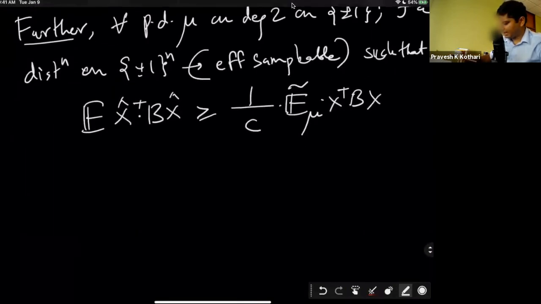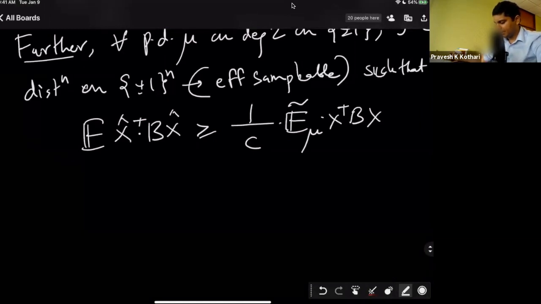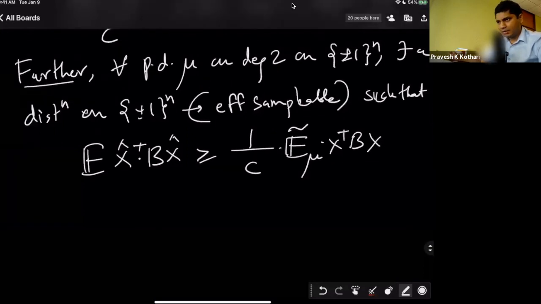Good. By the way, one thing I want you to notice, it's already present in the way we write theorem statements here. When we round, we prove a theorem that says that for every pseudo distribution mu, we can actually construct some rounded distribution that extracts some good fraction of its value. And we prove this result for all possible distributions mu.